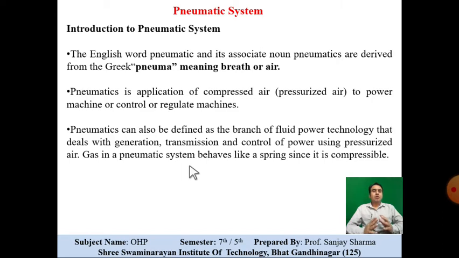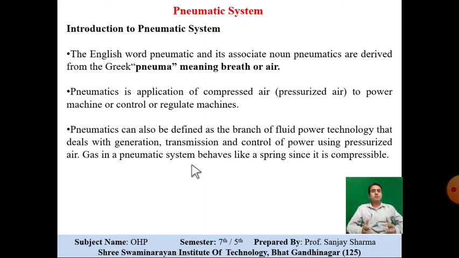Gas in a pneumatic system itself is compressible. If you compress the gas, it compresses, so it works like a spring.